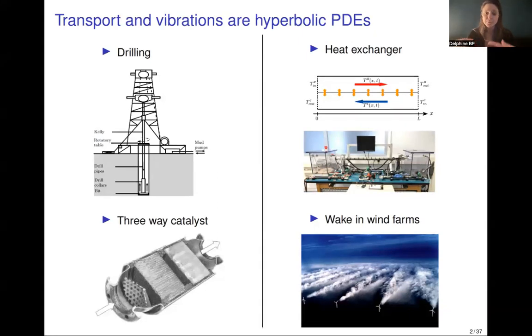You have a loss and a deflection of wind due to the wind turbine capturing a part of the kinetic energy of the wind. So the wind speed just after a wind turbine is a bit decreased, and this creates these wakes that are visible on this picture.